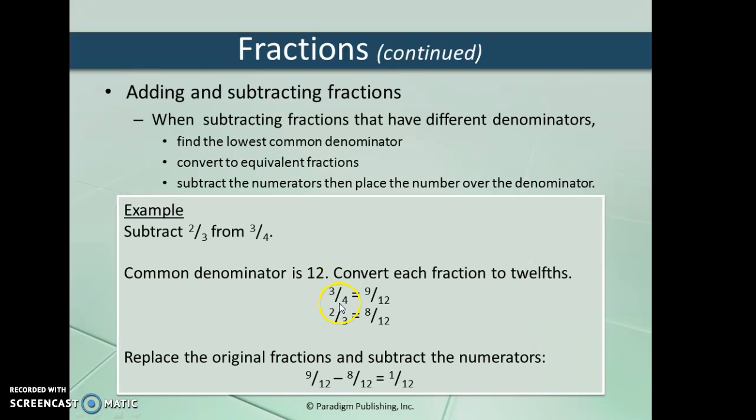So 3/4 times 3/3 gives you 9/12. 2/3 times 4/4 gives you 8/12. Replace the original fractions and subtract the numerators. So 9 minus 8 is equal to 1. So you're left with 1/12.